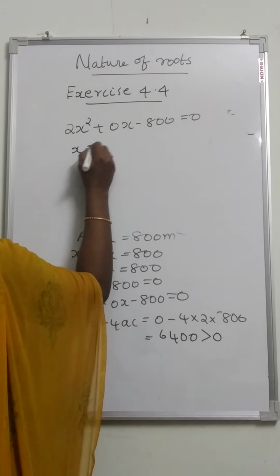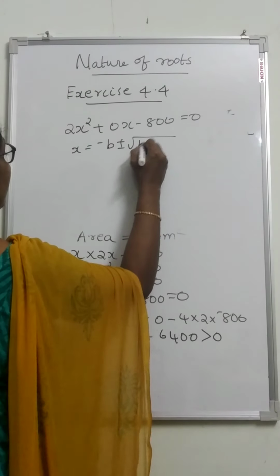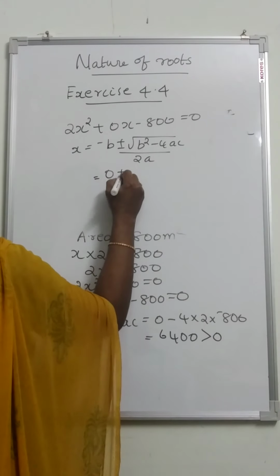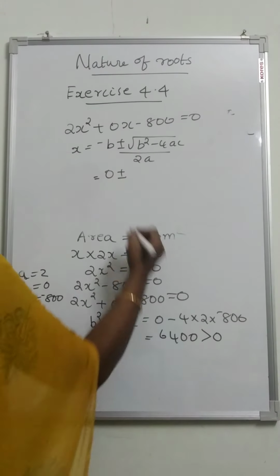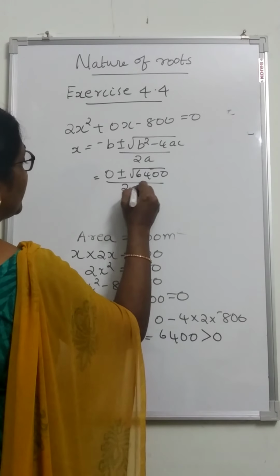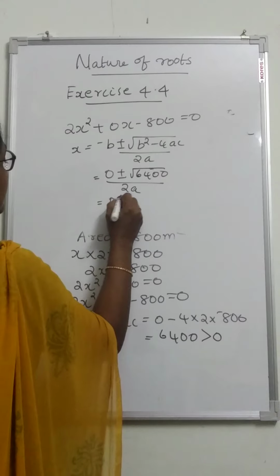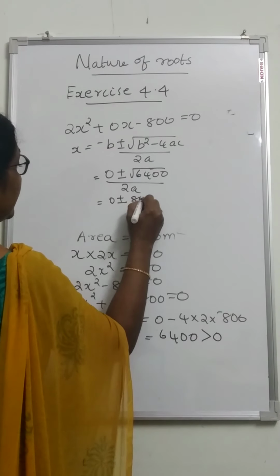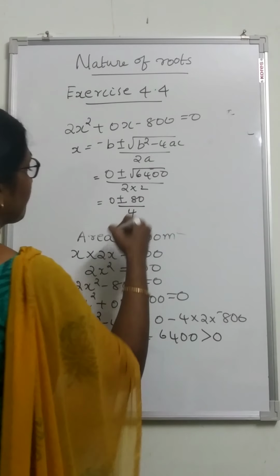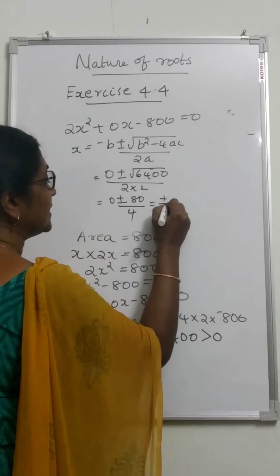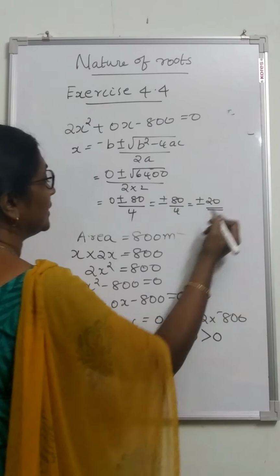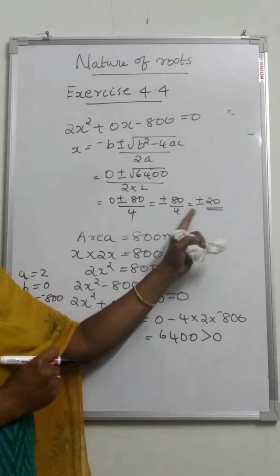Then x is equal to minus b plus or minus root of b square minus 4ac by 2a, is equal to 0 plus or minus root of 6,400 by 2a, is equal to plus or minus 80 by 4, that is plus or minus 20. The value of x is either plus 20 or minus 20.